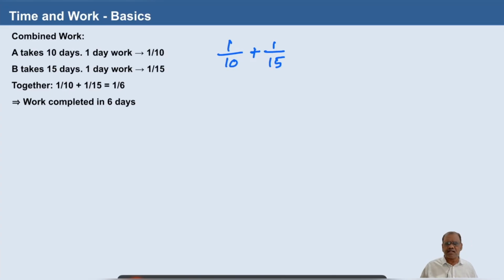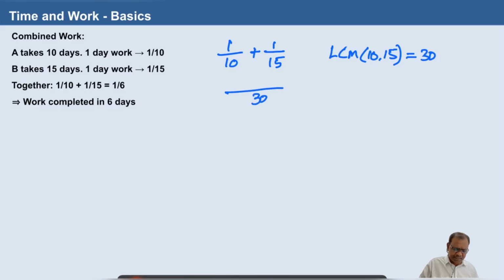To add the two fractions, use the LCM of the denominators. What is the LCM of 10 and 15? Second multiple of 15 is 30. It is divisible by 10. So that is the LCM.